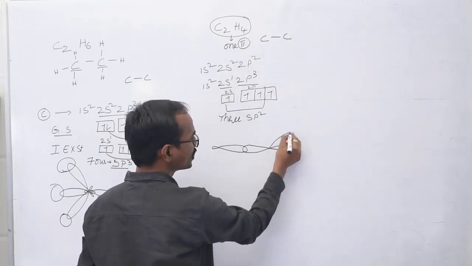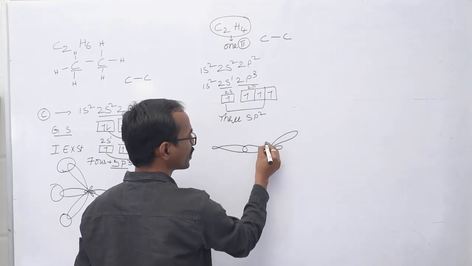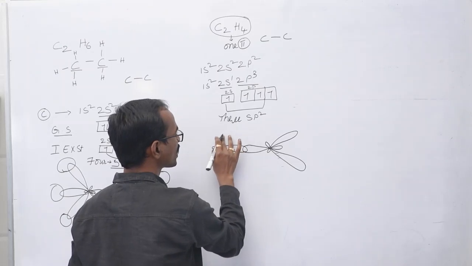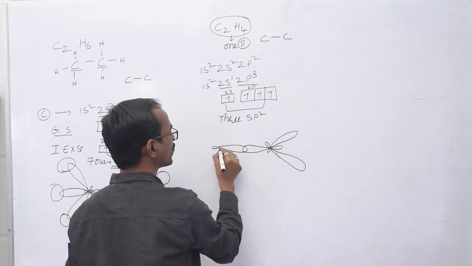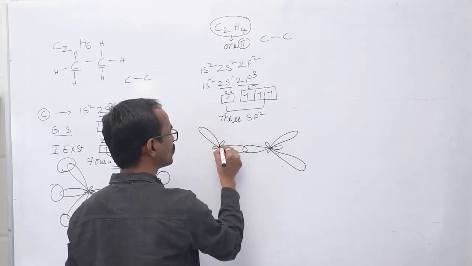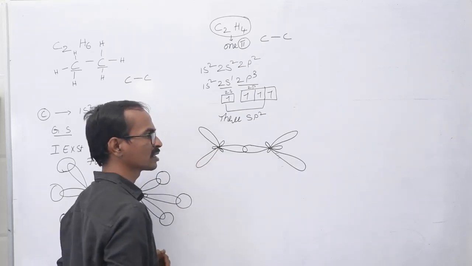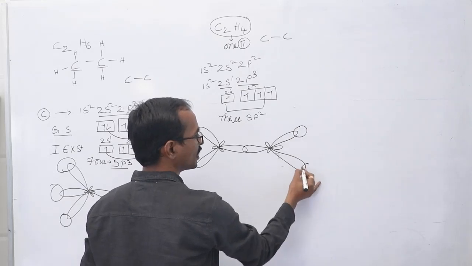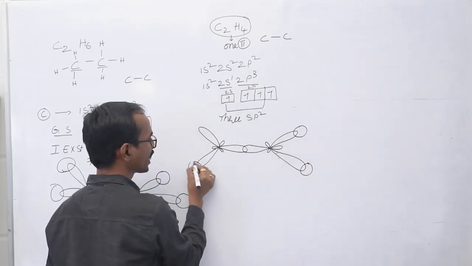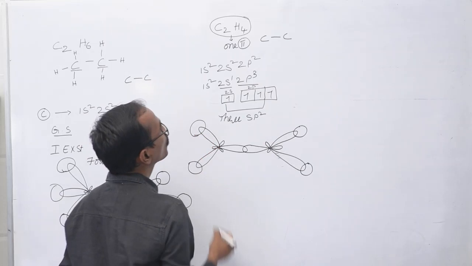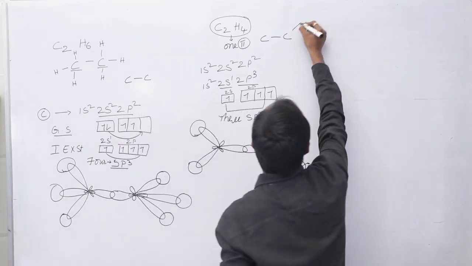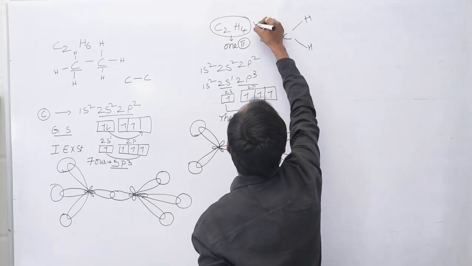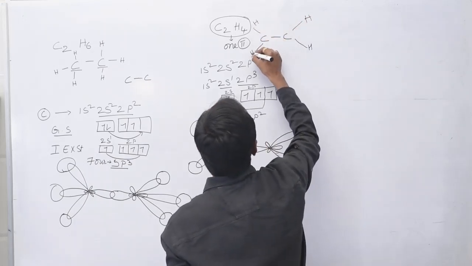After that, we have two sp2 hybrid orbitals with an unpaired electron on each carbon atom. In each carbon, you have two sp2 hybrid orbitals. They overlap with the s orbital of hydrogen to form 4 carbon-hydrogen sigma bonds. Like this, you will have 2 hydrogens on each carbon atom.